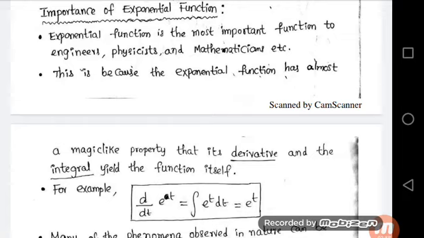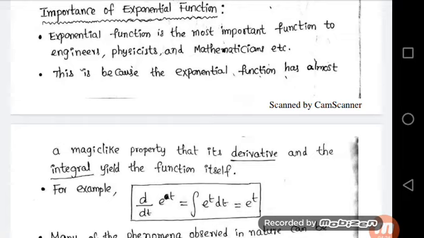Exponential functions are commonly used in engineering, physics, maths, etc. This is because the exponential function has almost a magic property: its derivative and its integral yield the function itself.